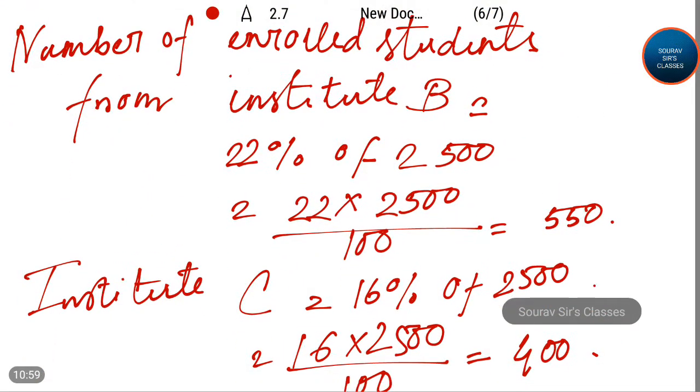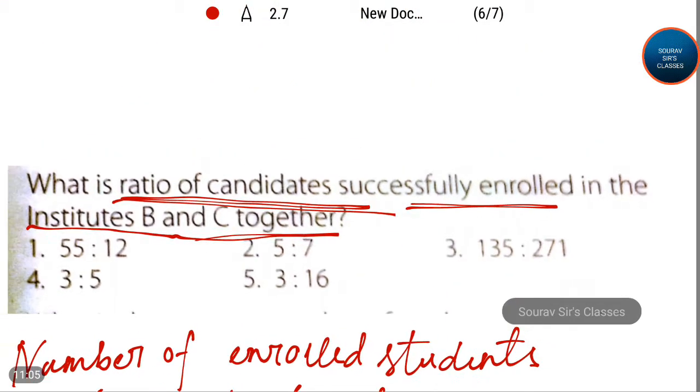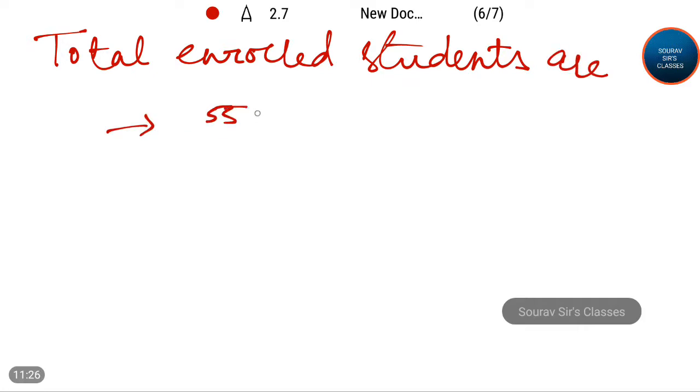This was the number of enrolled students in both Institute B and Institute C. Now the total enrolled students are 550 in Institute B, plus 400 in Institute C, that is equal to 950. Now this is the total number.